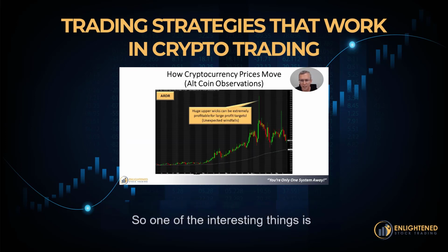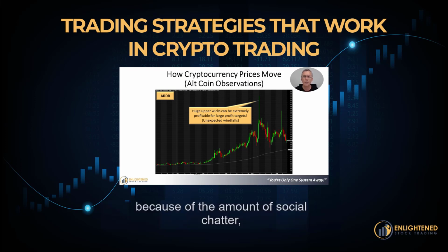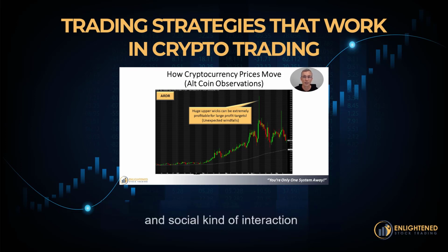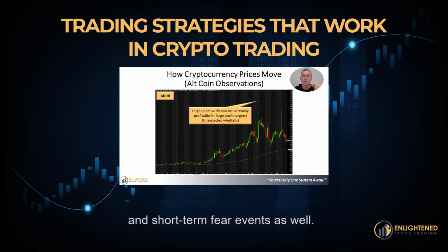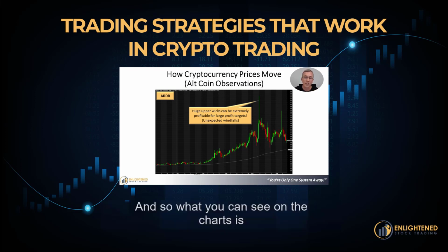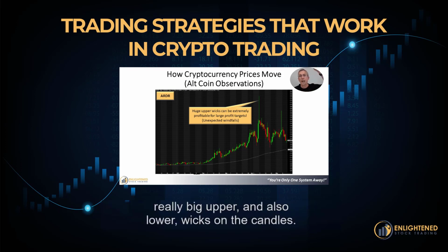So one of the interesting things is because of the amount of social chatter and trading and social interactions going on in this market, there are very short-term hype events and short-term fear events as well. And so what you can see on the chart is really big upper and also lower wicks on the candles.